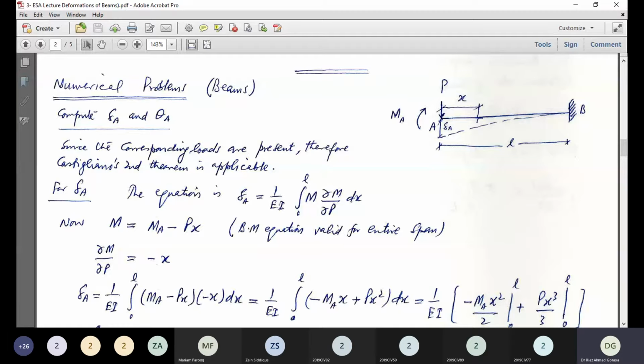Now, this equation is delta A equals 1 over EI integral 0 to L M into partial M over partial P into dx.